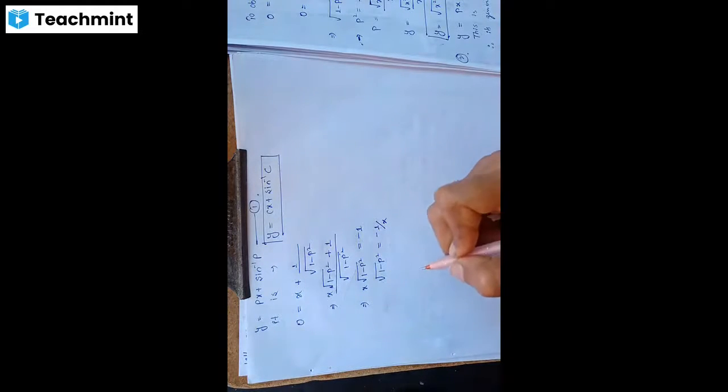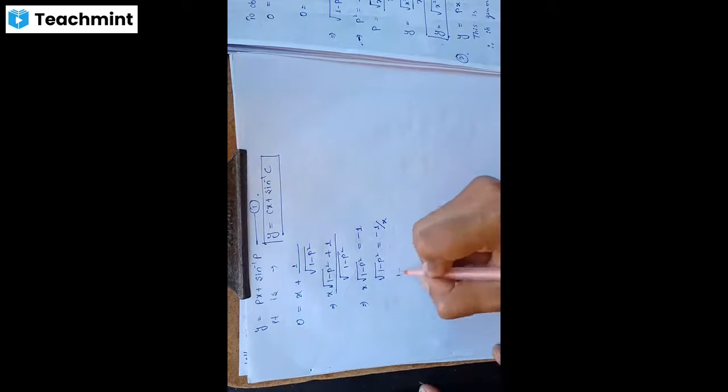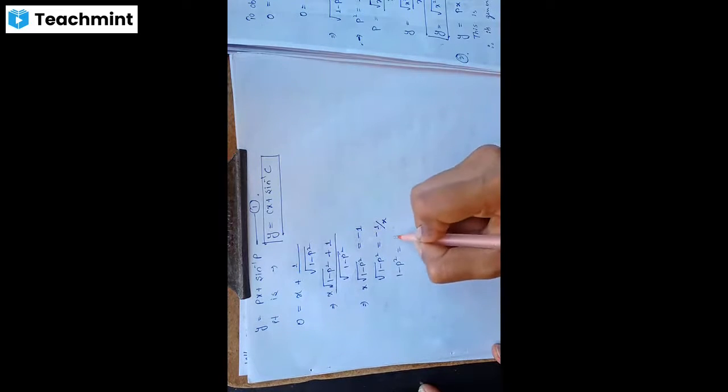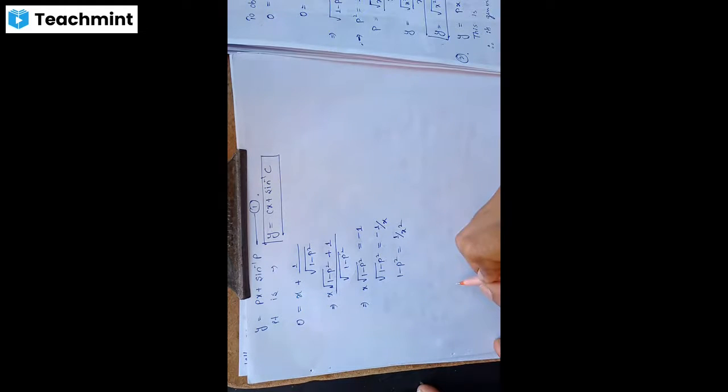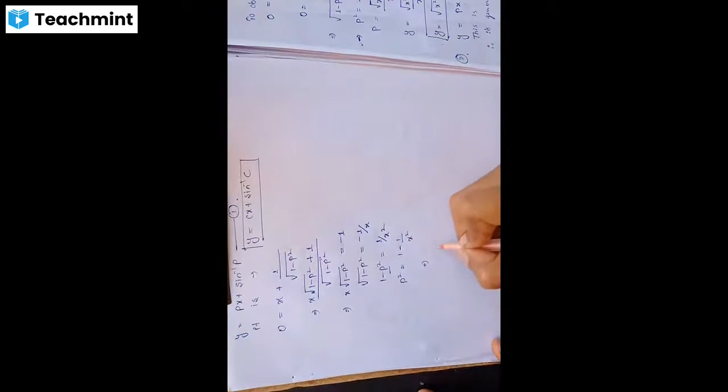So if I remove the square root, you will get 1 − p² = 1/x². So p² = ... I am taking this −p² to the right hand side of the equation and this 1/x² to the left hand side, so it becomes 1 − 1/x². Here you can take x² as the LCM.